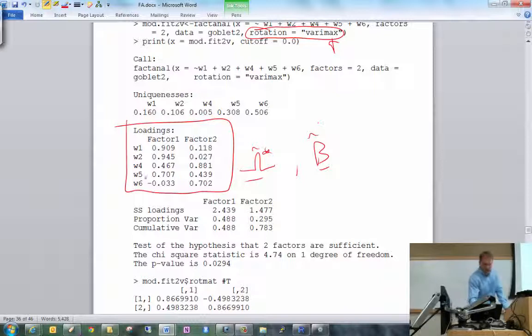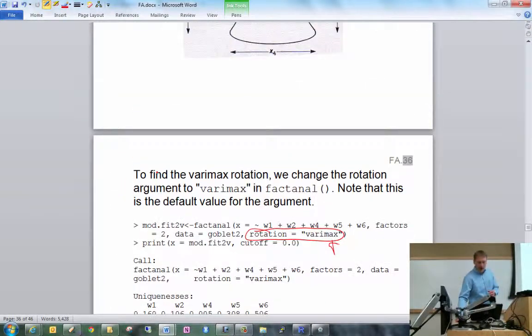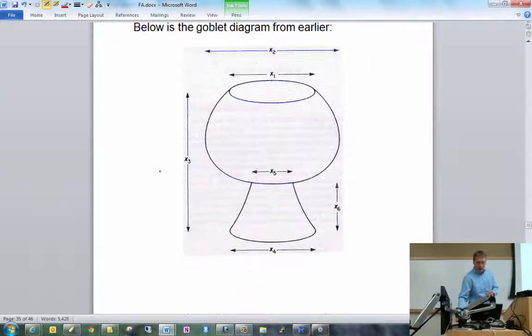So notice, for example, due to the rotation, this loading on the first common factor for W6 is essentially 0. And so the remaining variables, 1, 2, 4, and 5, notice what they're looking at: the width of the goblet.